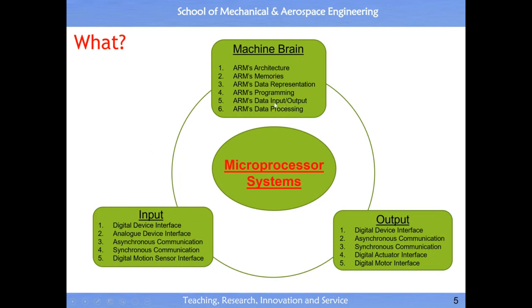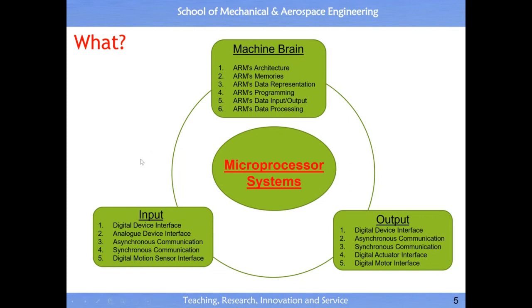But the focus will be on data representation, programming, how to interface input data, how to interface output data, and how to undertake the data processing. So the major focus more or less is on the software part, how to program a microprocessor system.